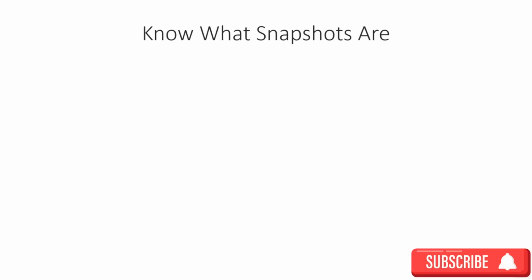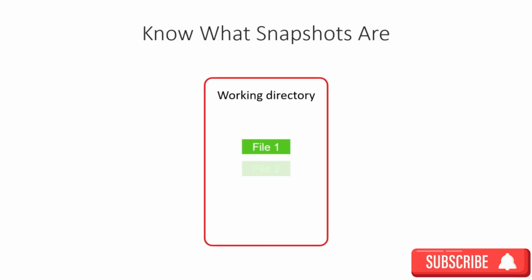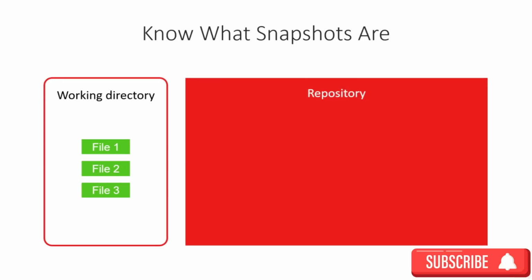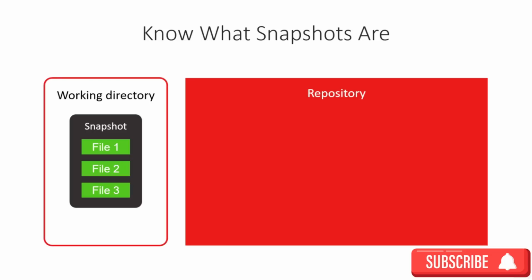Let's say you created in your working directory 3 files. You also initialized an empty Git repository. Now let's assume you staged these 3 files and you created your first commit. With the commit, Git creates a snapshot of all your files.